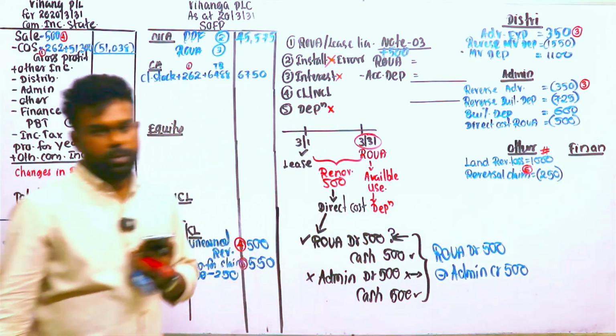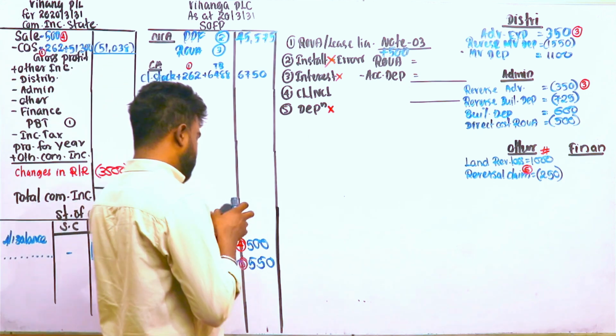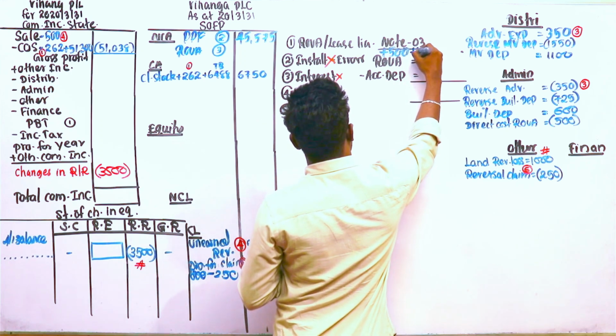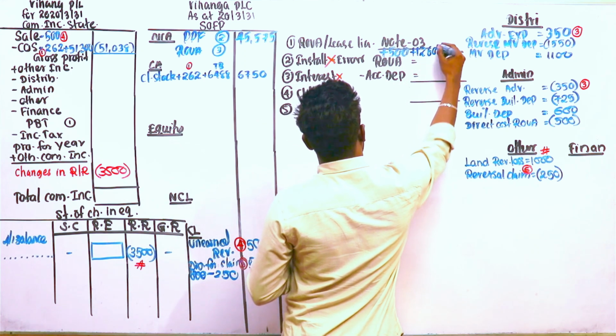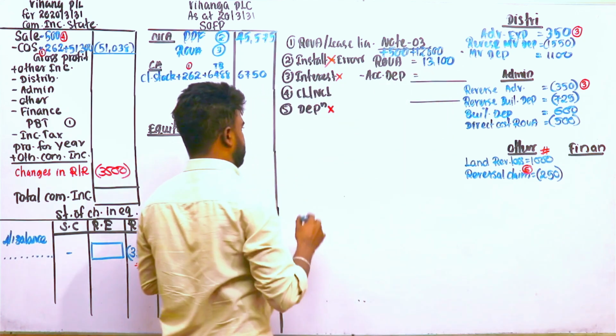So first of all, what's in the trial balance: lease liability and right of use asset? Right of use asset 12,600. Take the TB balance. Therefore, adjusted value how much? 13,100.